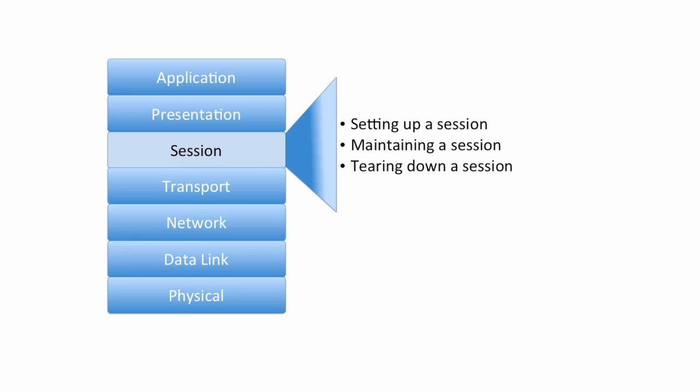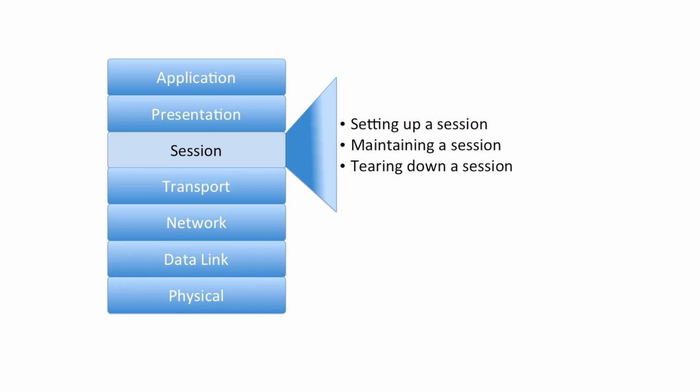Now, I know what you might be thinking. You might be thinking, hold on, didn't we get acknowledgements with TCP down at the transport layer? That's true, but we could do something in addition to that. Maybe we're not even using TCP at the transport layer. That's a possibility. So be aware that this varies, we don't have to do this at the session layer, but something we might be doing at the session layer is getting acknowledgments from the recipient of our data, so we know the data got there.